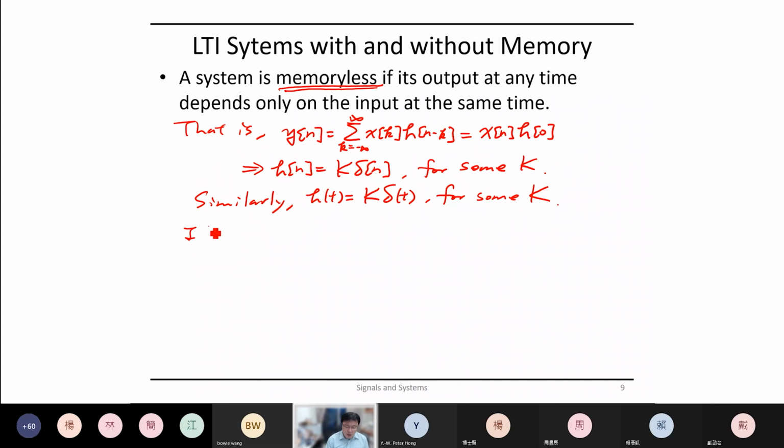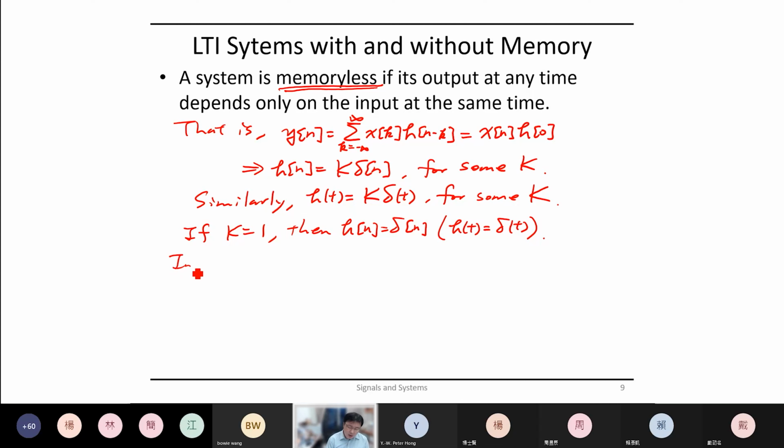Now, in particular, if k is equal to 1, then h[n] is equal to delta[n], or h(t) is equal to delta(t).